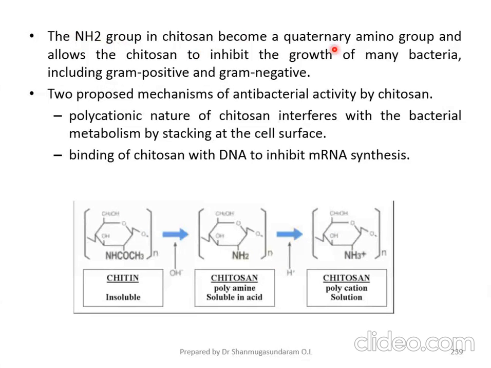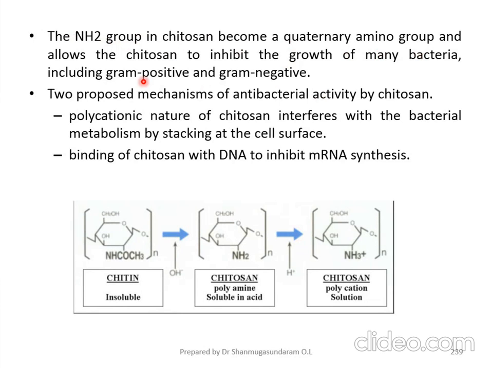It becomes a quaternary ammonium group, which allows chitosan to inhibit the growth of many bacteria. Why does this chitosan polymer inhibit the growth of many bacteria? Because of the presence of the amino group. It kills the bacteria. Why does it kill the bacteria? Because of the presence of the amino group. It becomes a quaternary ammonium group.